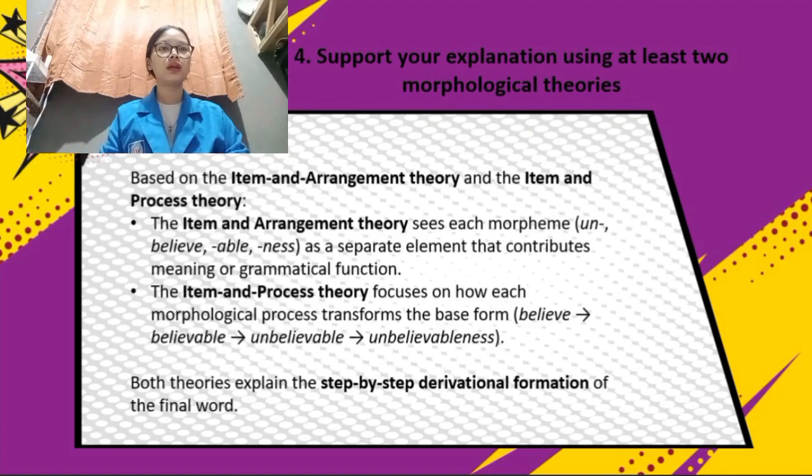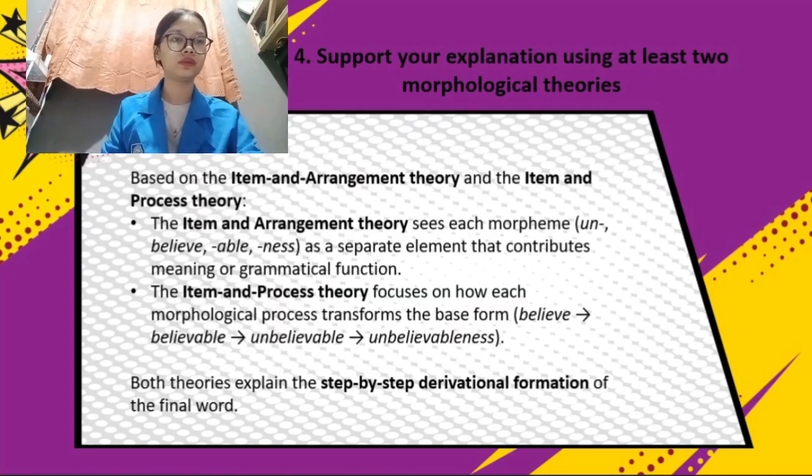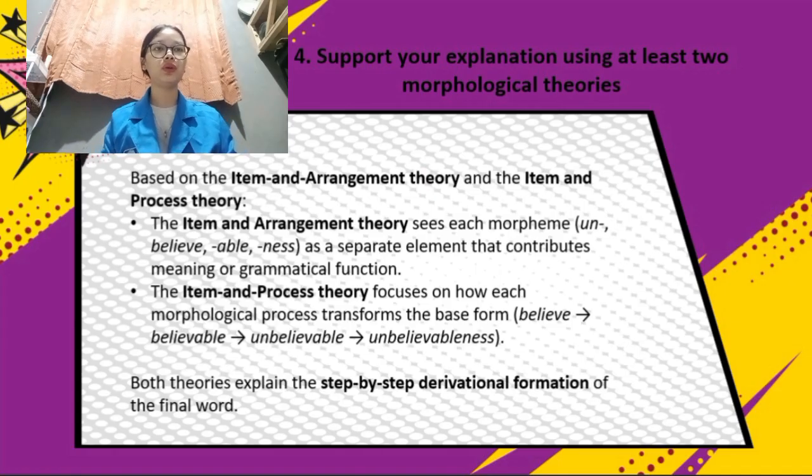The last question is support your explanation using at least two morphological theories. This explanation is based on two main theories: the item and arrangement theory, and the item and process theory. The item and arrangement theory views each morpheme as a separate element that contributes meaning.